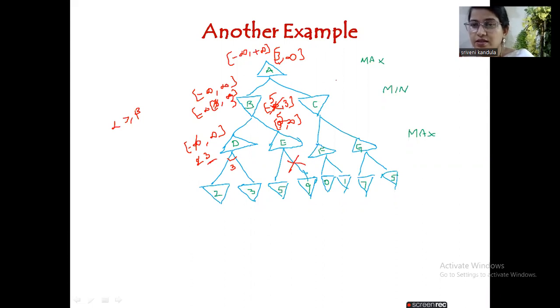So let us forward this value here. 3, infinity. Now among 0 and 3, 3 is maximum.